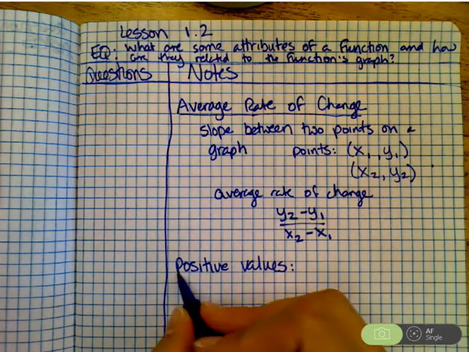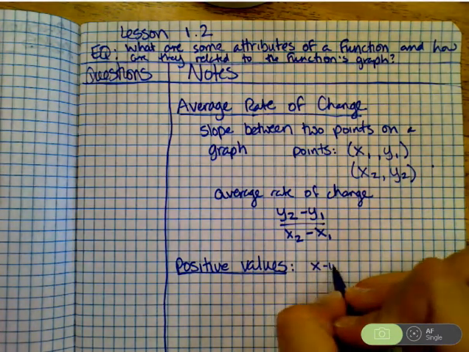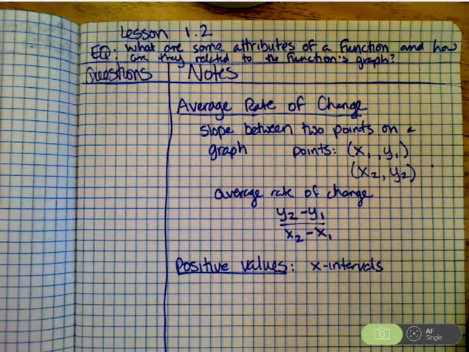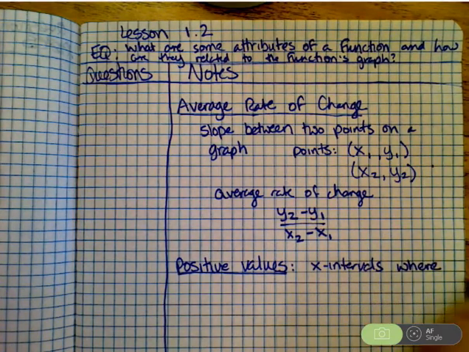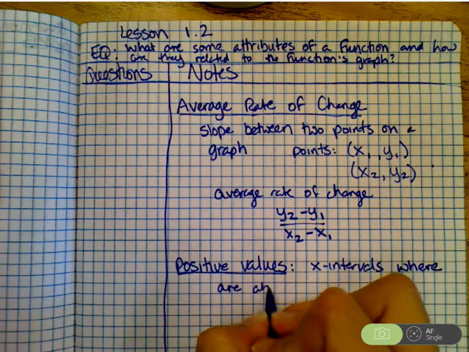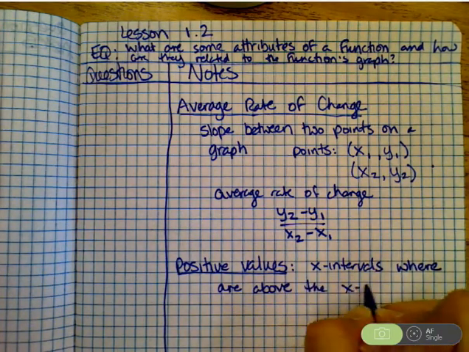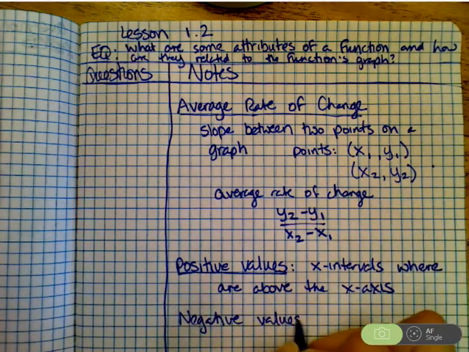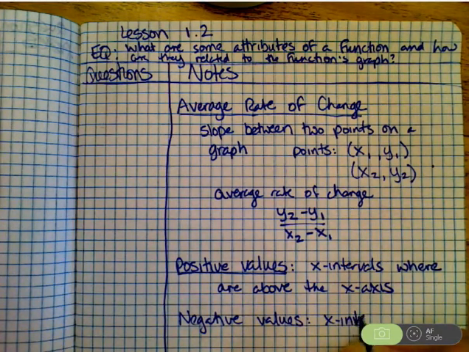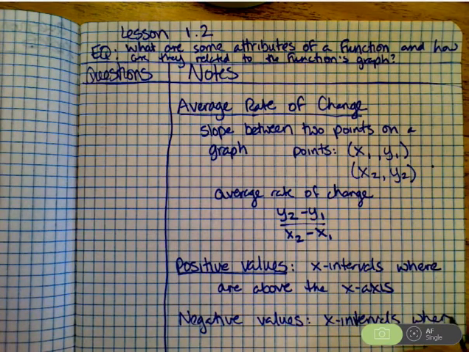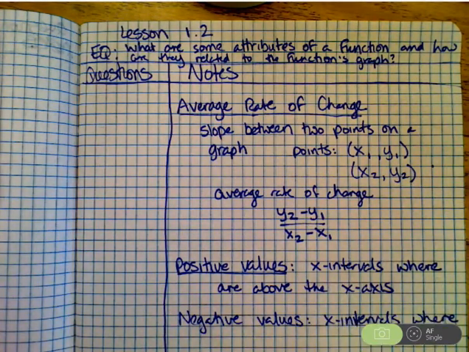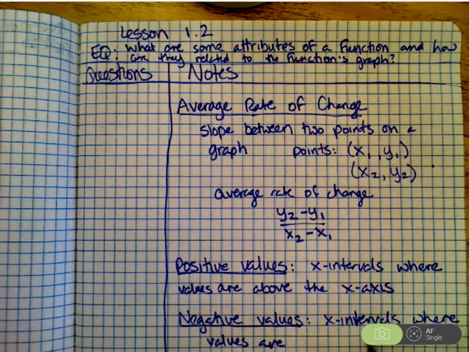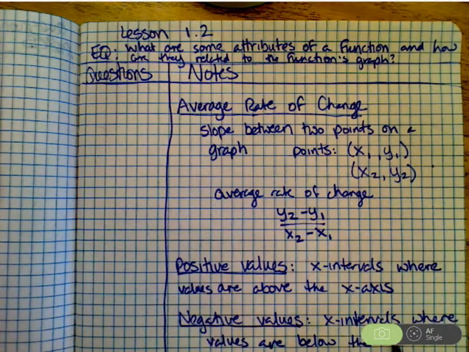So positive values in a function are the x intervals where the graph or the values in a table are above the x-axis, and along with that go negative values, which are the x intervals where values are below the x-axis. Sorry, I left out a word there.